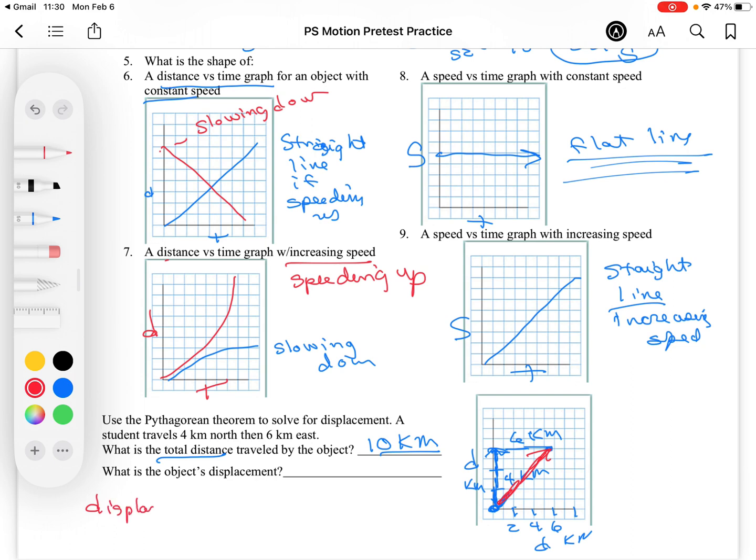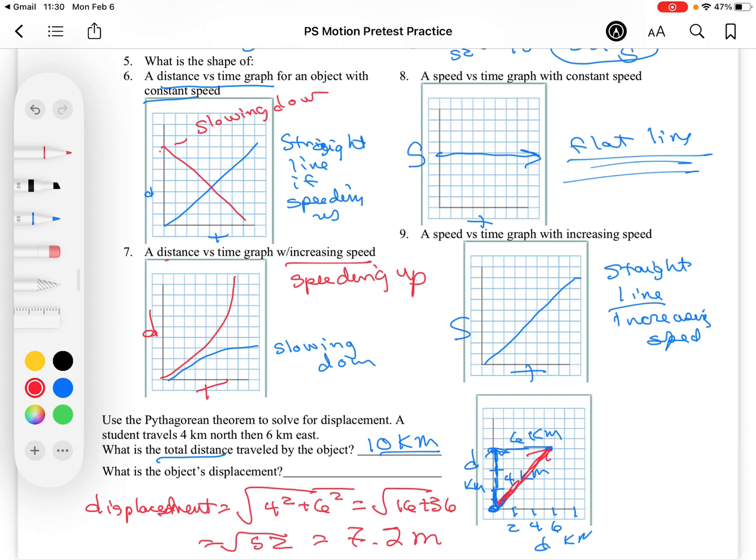Make sure you know how to get that. For the object's displacement, this is our displacement. We will take our displacement using Pythagorean theorem, which will be the square root of 4 squared plus 6 squared. And that'll be the square root of 16 plus 36.